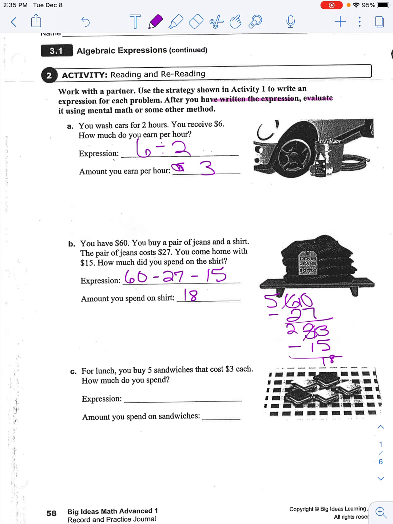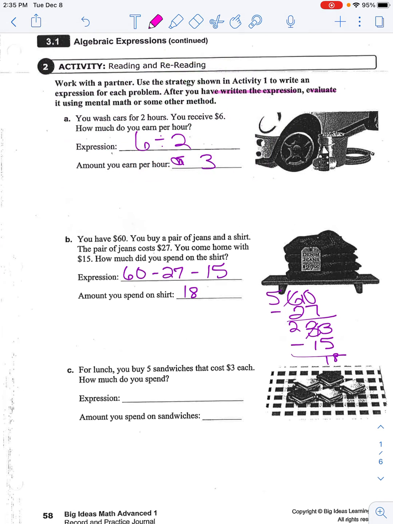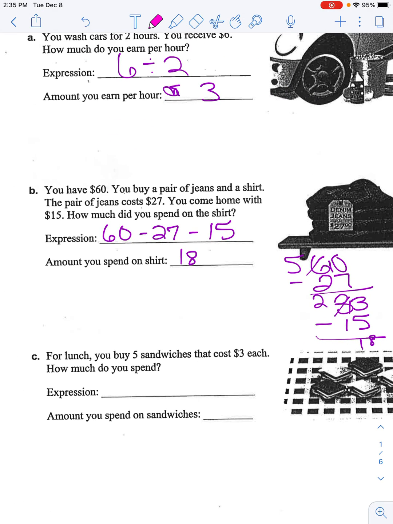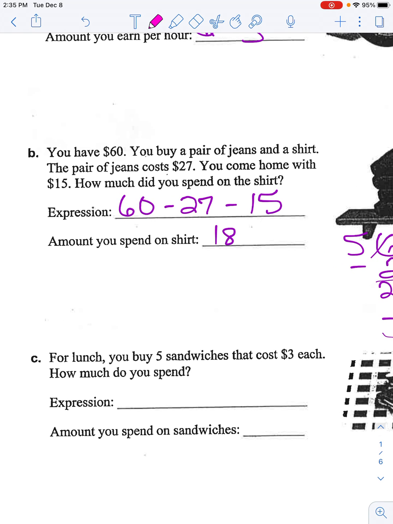Okay, now let's go back and make sure that makes sense, because we want to make sure that makes sense. So we had $60 in our pocket. Or let's do this. Let's say the pants or the jeans is 27, and we said the shirt is 18.